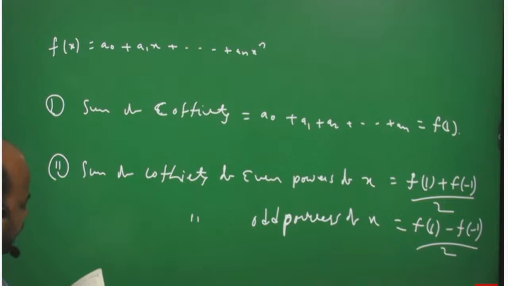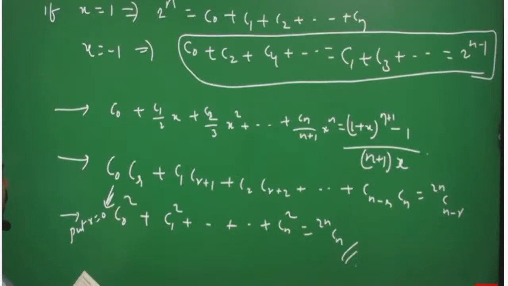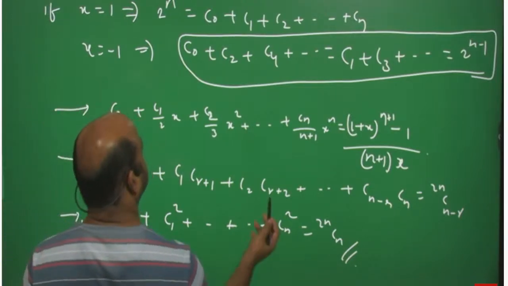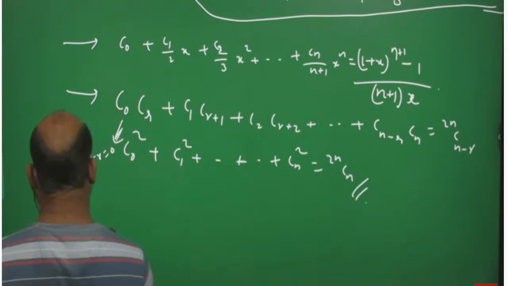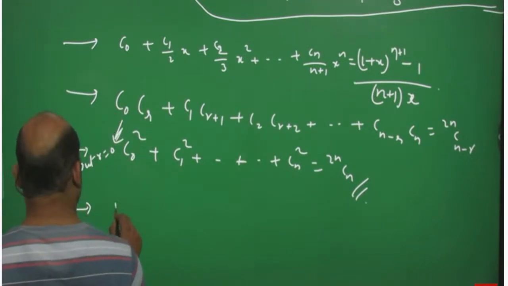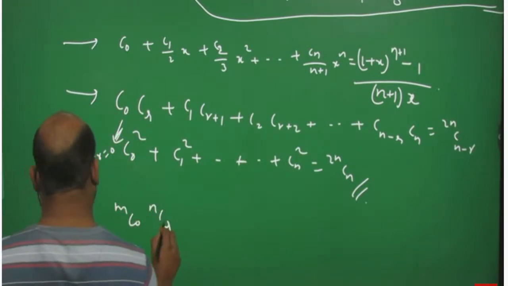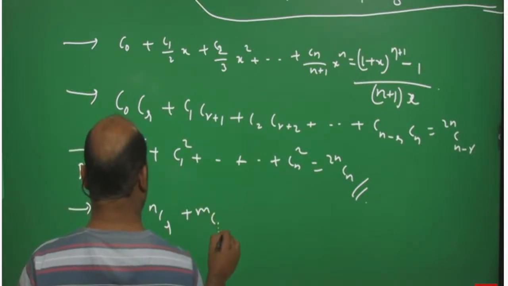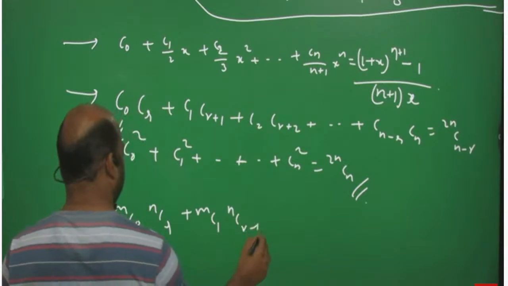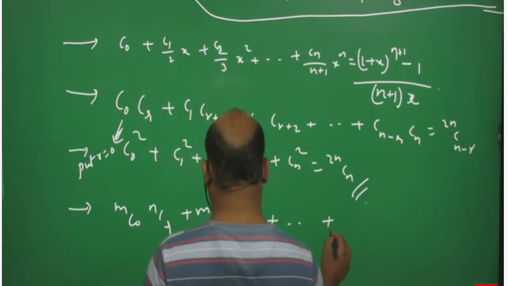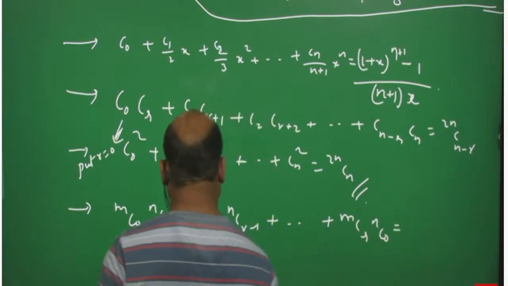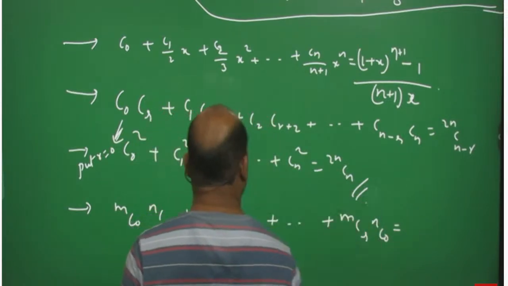Hey, can you go back to the earlier page and write down this beautiful point also there itself? We forgot it. mC0 nCr, mC1 nC(r minus 1), and so on, mCr nC0. We did this in the day before yesterday's class.